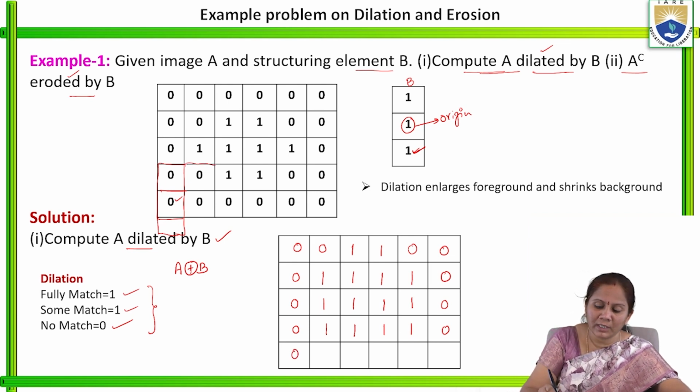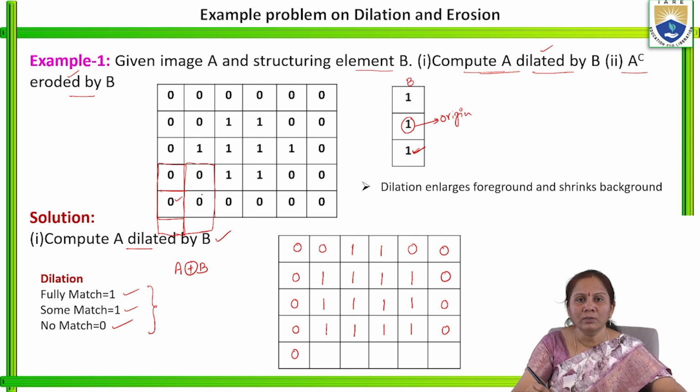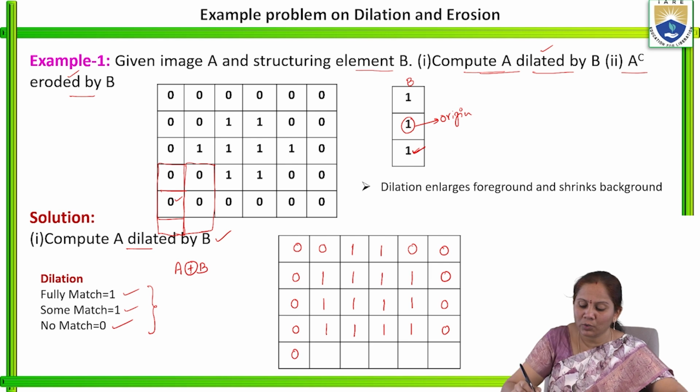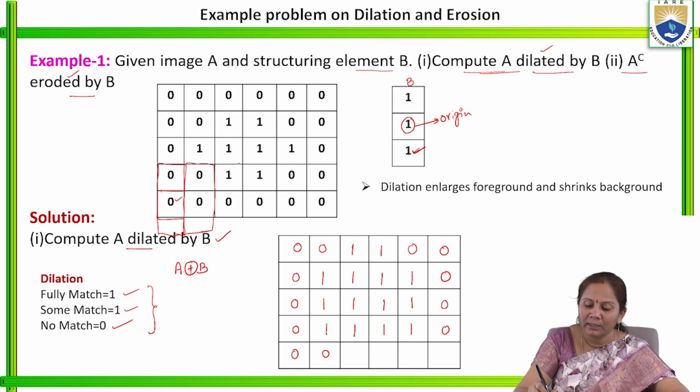If we shift the structuring element, here also all are zeros, not even 1 is there. So no match, 0. Similarly here, if we consider this and place the mask, it is 1 0, nothing is here, at least one element is matched with the structuring element.